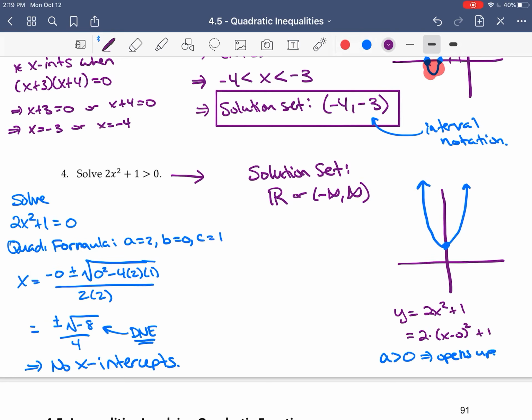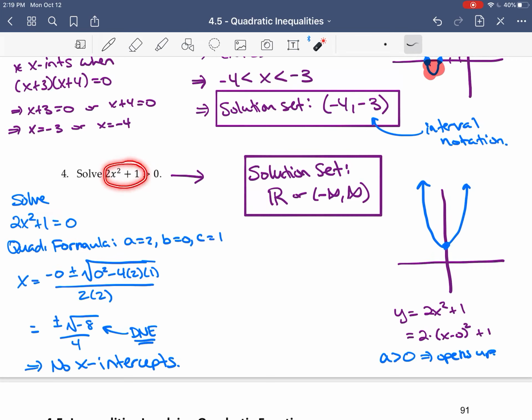So this function is in fact always positive. And you might be able to tell that right away. If I square a number, I get a positive number. Times it by 2, I get a positive number. And then add 1 to it, I also get a positive number. So this number definitely has to be positive, which is bigger than 0.